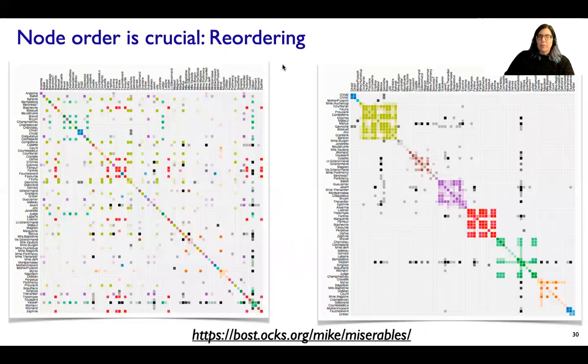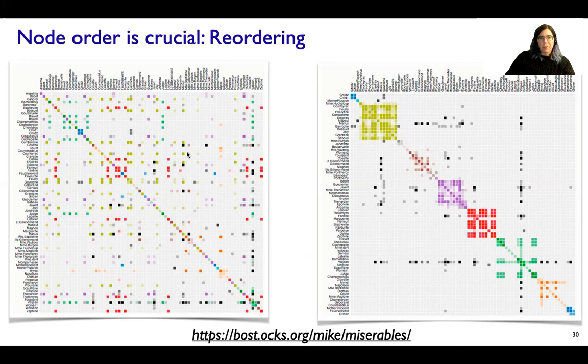Now, just like we saw before with both the arc diagrams and the circular diagrams, ordering really matters because, well, what order should you put the nodes along these rows and these columns? If we just pick an order like, say, alphabetical order by labels, again, these are those same characters from Les Miserables, we see something that looks hard to tell what it looks like.